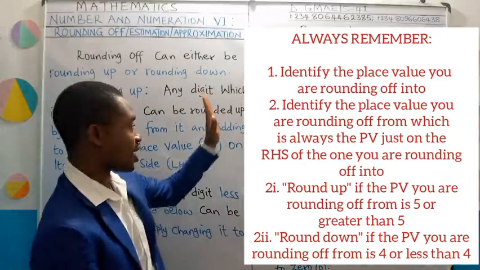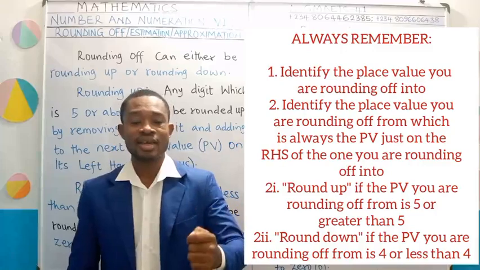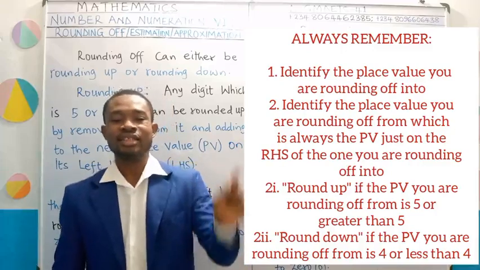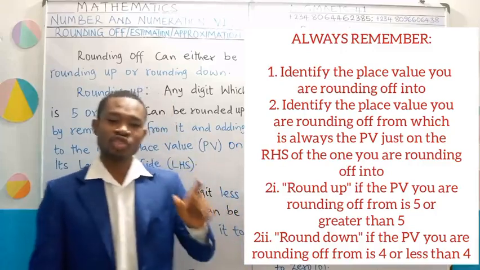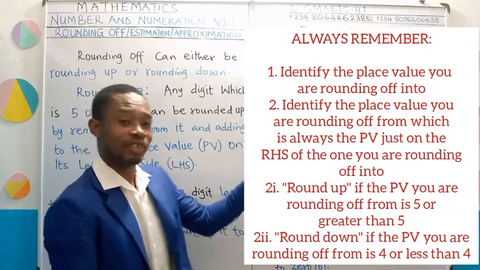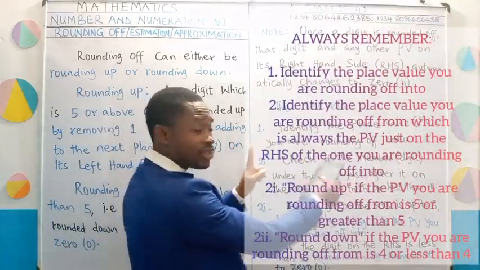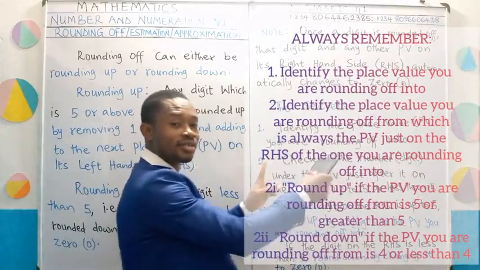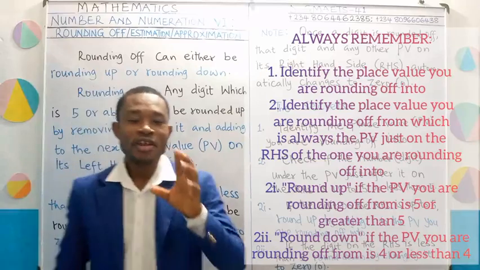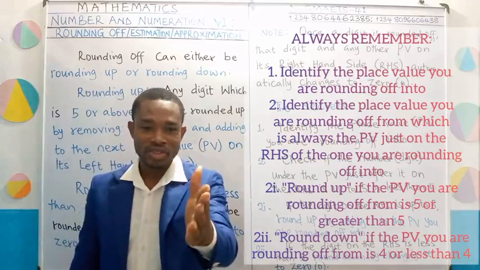If I'm rounding off into the nearest tenths, then I will be interested in that decimal place value tenths, and the one just after it on the right hand side, which is hundredths. So for every rounding off problem, there are two place values you must be interested in.